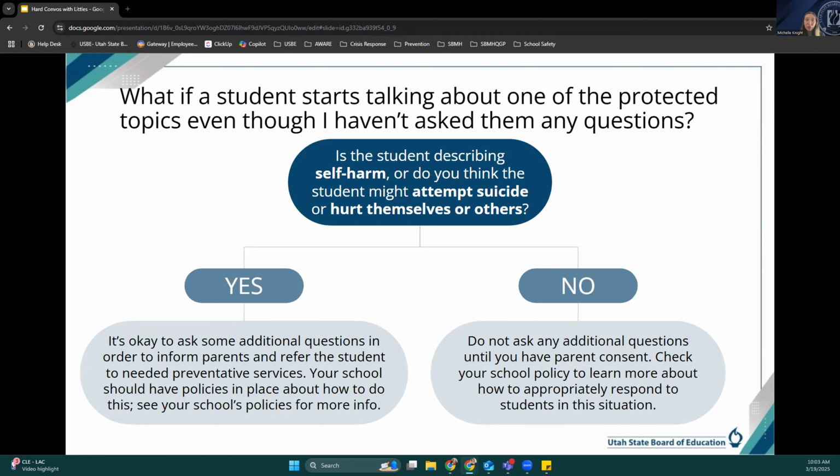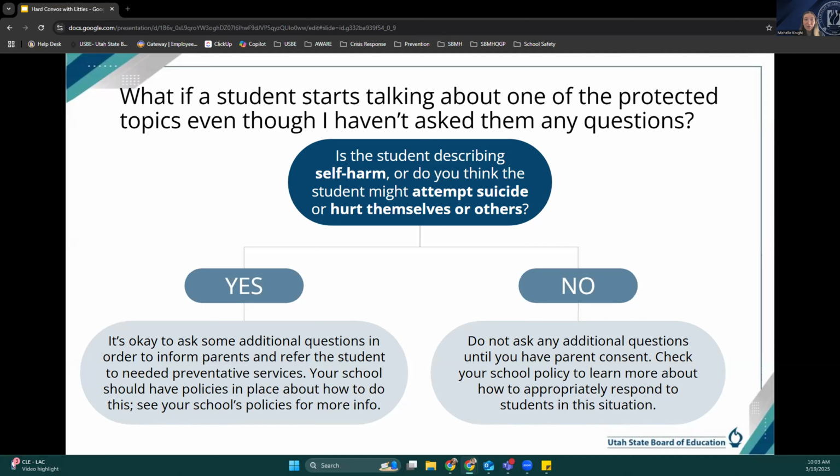Ideally, each school would have a policy for each protected topic, but in general, the USBE answer is just don't ask any additional questions until parental consent is obtained, unless the student is describing self-harm, attempting suicide, or considering hurting themselves or others. If a student brings up a protected topic, that doesn't mean that you have to end the conversation.